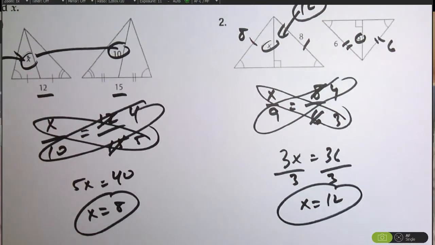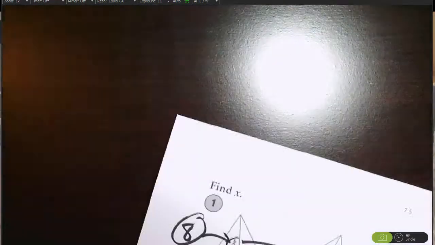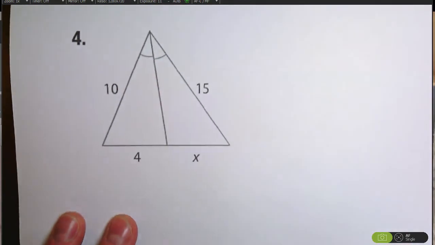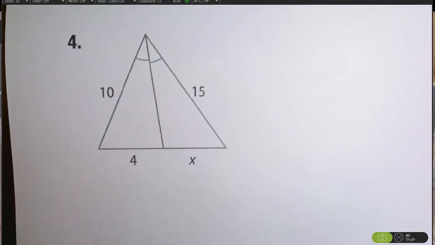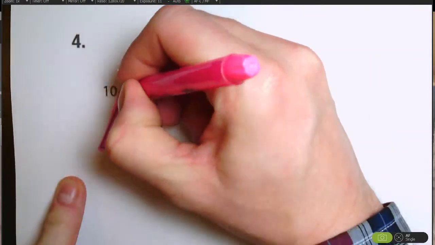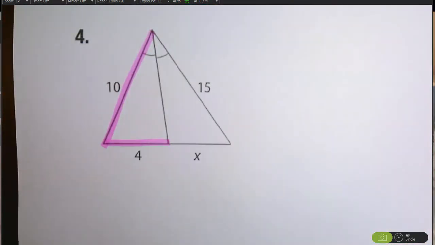Okay. Now, next was our theorem about if you have an angle bisector and it cuts through a side. And that theorem says that these two sides are proportional to these two sides.